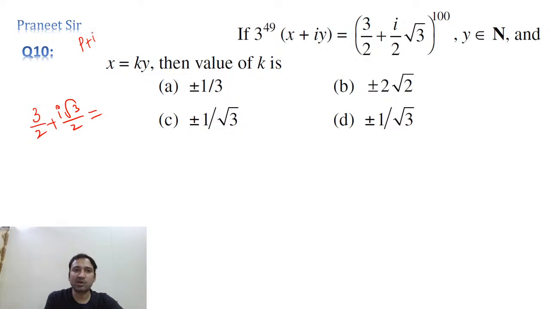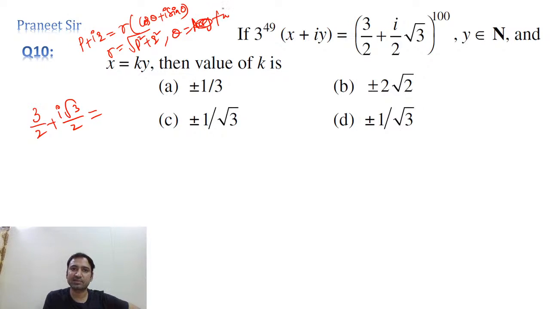If I want to convert p + iq into polar form, it is r into (cos theta + i sin theta), where r is equal to the square root of p square plus q square, and theta is the argument of this given complex number. Otherwise, you write it like this: tan inverse of q by p.